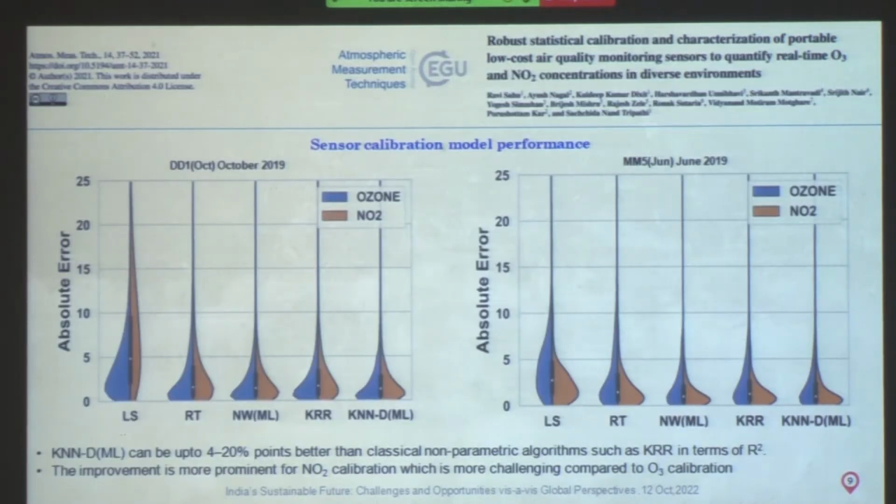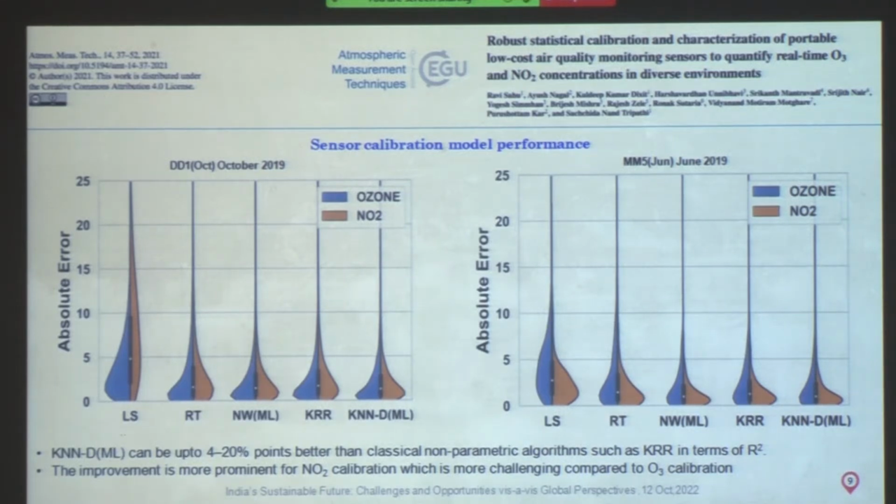Next, we looked into the similar issue of gas sensors. There are 5 to 6 important criteria pollutants which governments generally monitor. These are particulate matter and a number of gaseous pollutants. Here you see similar results for two different kinds of gas sensors, NOx and ozone.